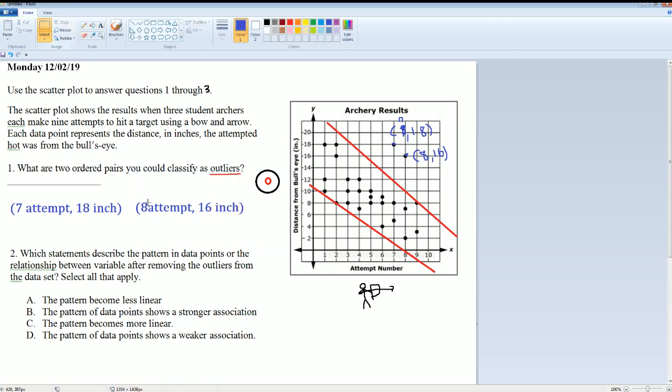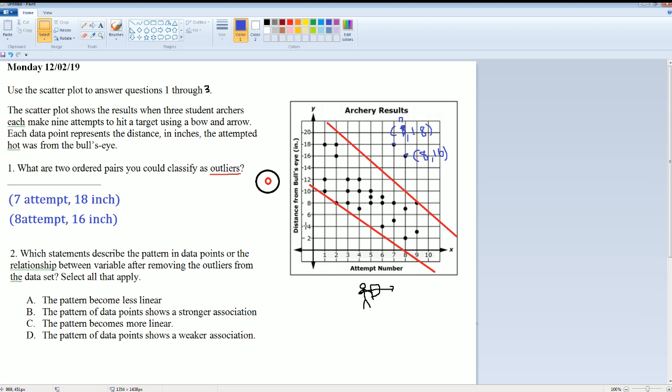Okay, here are your two outliers. Why do outliers occur? Well, in nature, outliers will always occur because things don't always follow the pattern. All right, good.